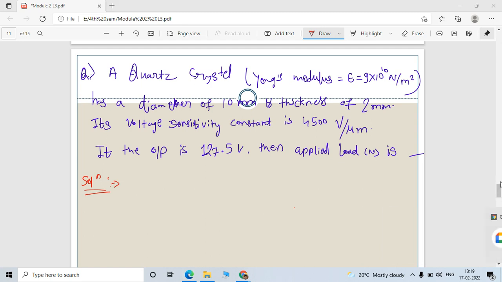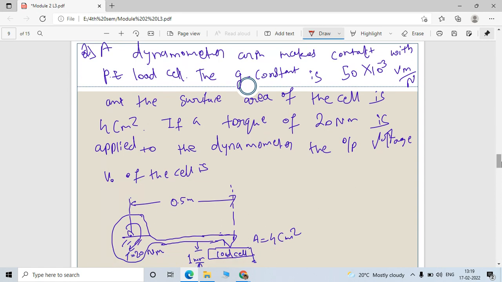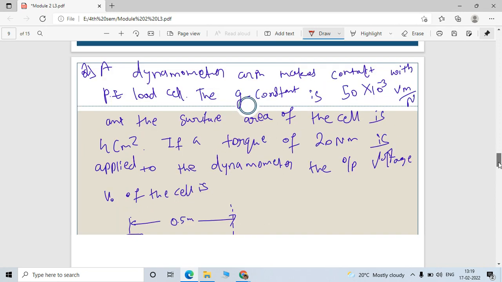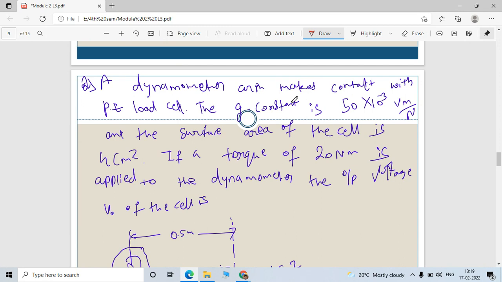Yes, guys. Please note down this question. What data is given to you? A dynamometer arm makes contact with a piezoelectric load cell, and the G constant is given to you, which is nothing but your 50 into 10 to the power of minus 3 volt meter per Newton.